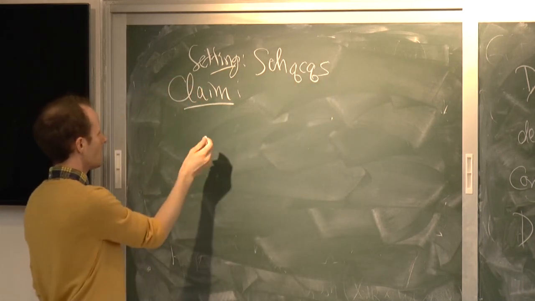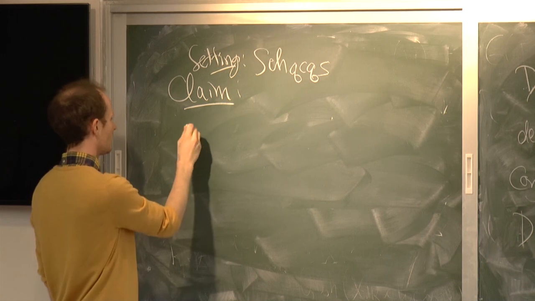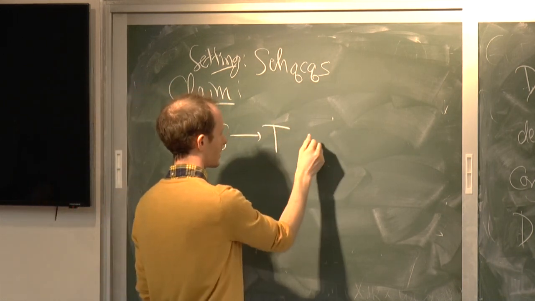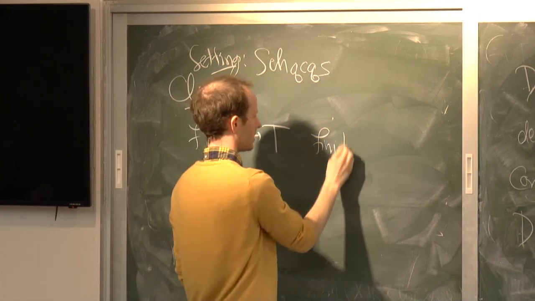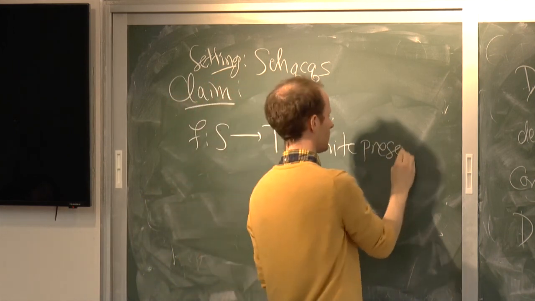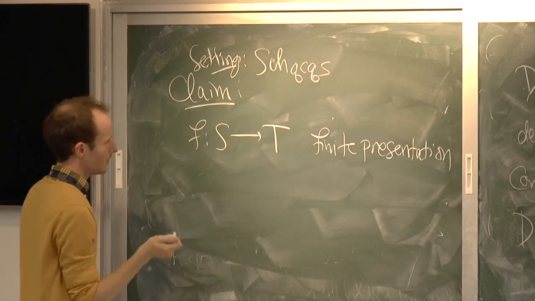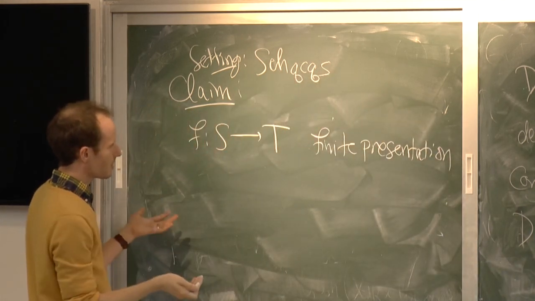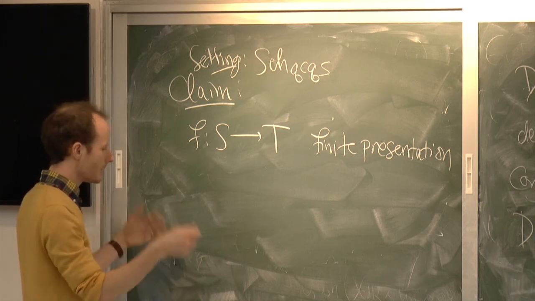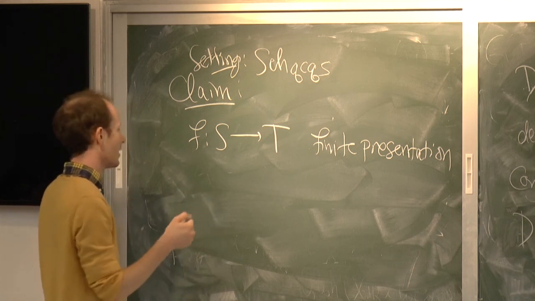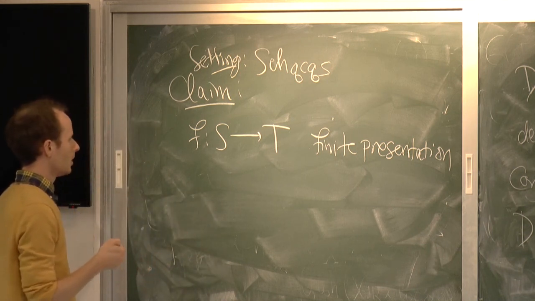So the claim is that if f is a map between two such schemes, and it's what's called finite presentation, you can basically think finite type, but one proviso: if it's a closed embedding, then you want the ideal to be cut out by finitely many generators, whereas obviously any closed embedding is a finite type map.